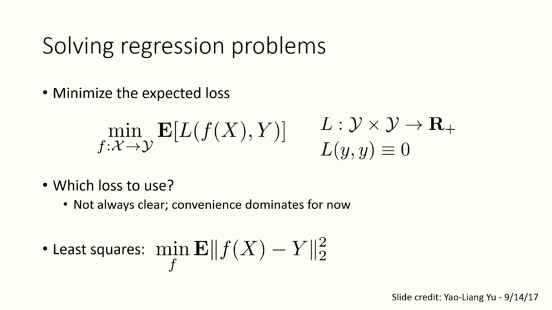The problem of a regression problem is you want to use x to predict y and compare them to each other, and this is the difference basically. And you want to make this difference, called the loss function, the prediction loss, the difference between these two, as small as possible.